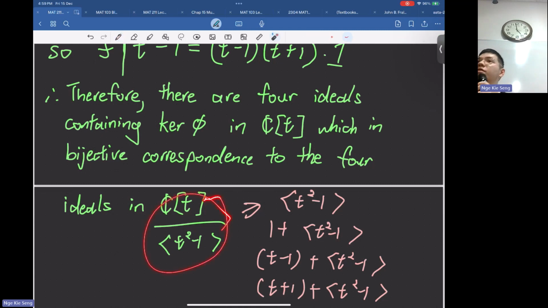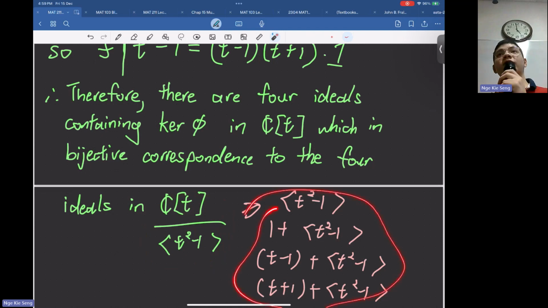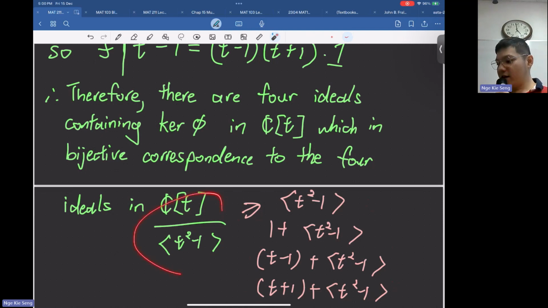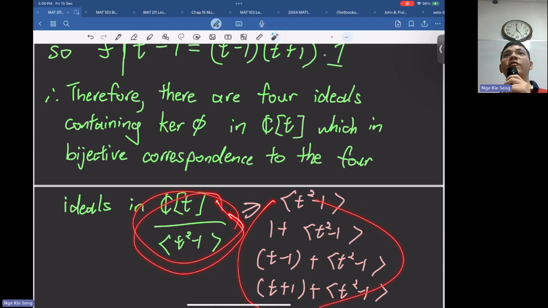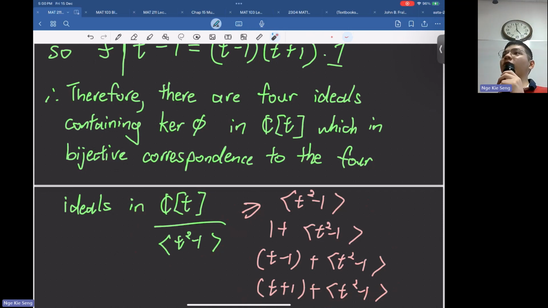Just now we said that the quotient ring is a ring. So I can put a ring structure on these 4 things. How do I multiply these 4 cosets together? How do I add these 4 cosets together? Then you can apply what we have just now. This quotient ring here has 4 elements. This is a 4-element ring.